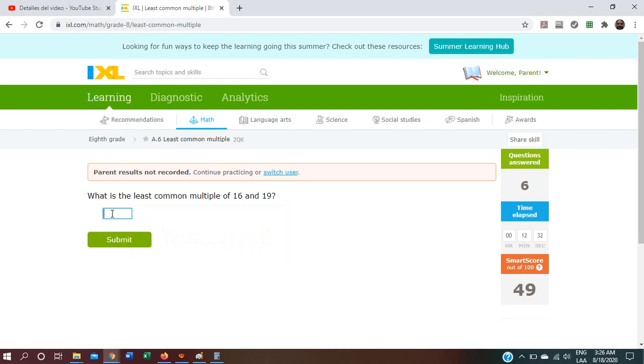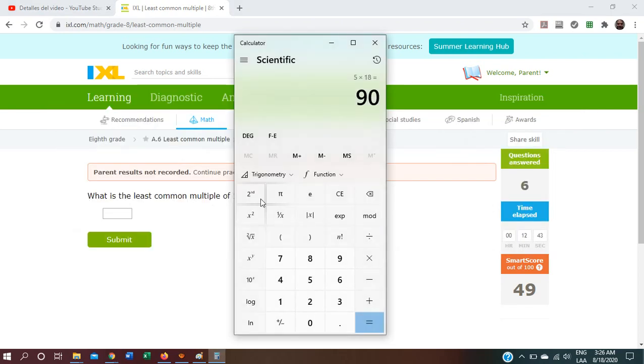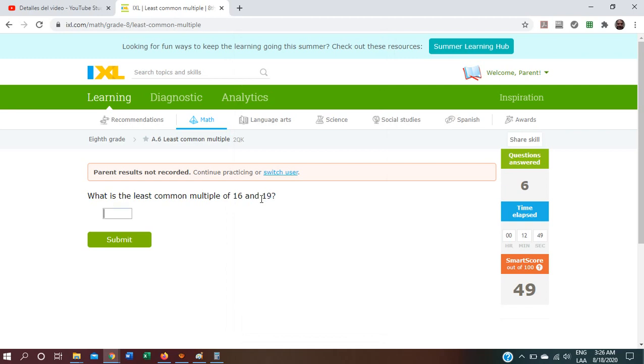Okay, 16 and 19. Again, 19 is a prime number, so I don't need to do all the factoring and things like that. So I just multiply 16 times 19. The answer is 304. Okay. I have a prime number here.